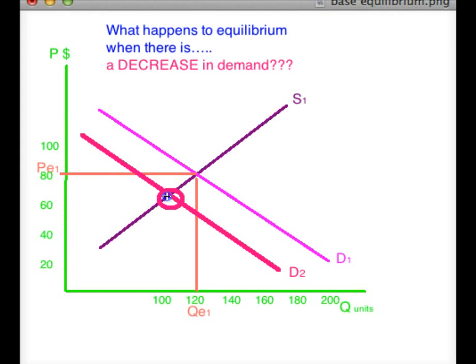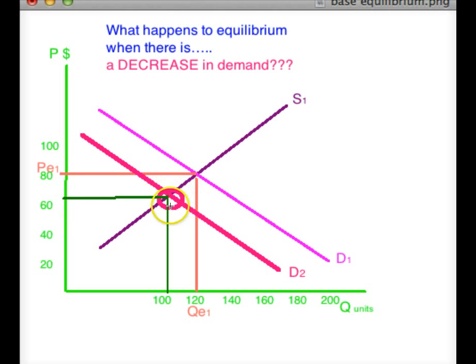This time, the price is, well, close to $60, and the quantity has contracted because it's along the supply curve. The supply curve hasn't moved, we've just moved along, but the whole demand curve has moved.